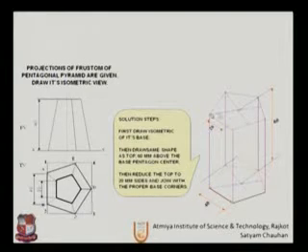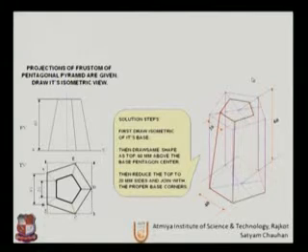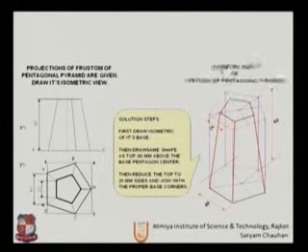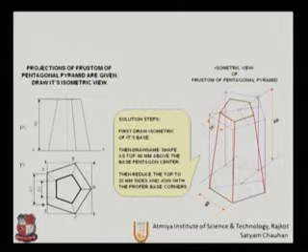So we are reducing up to 20 mm. This line and this line will be parallel, this line and this line will be parallel, to draw the prism, and simply join the points. This will be the isometric view of a frustum of a pentagonal pyramid.